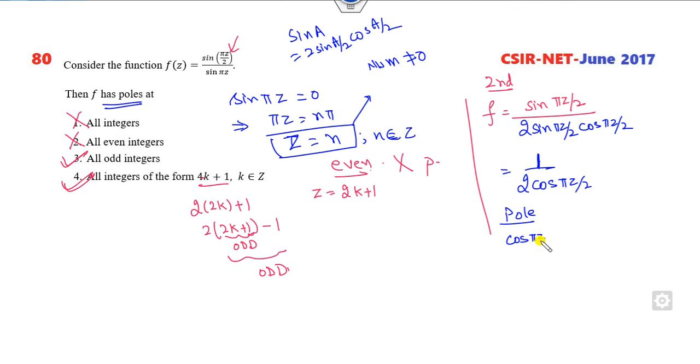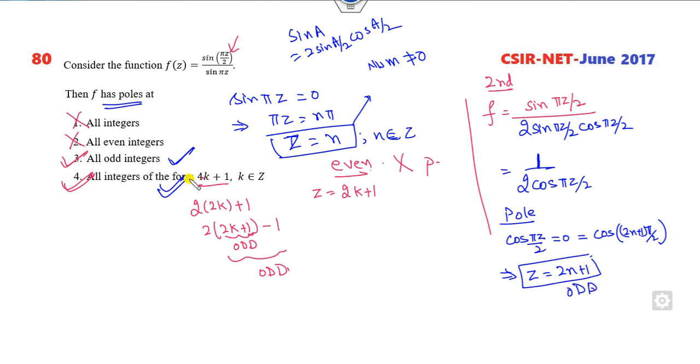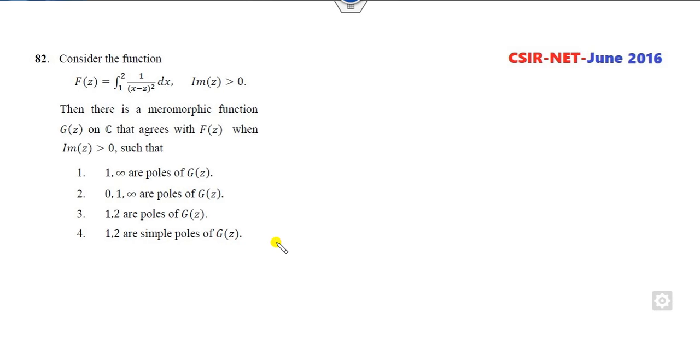Simply you can take pi z by 2 as 0. So when will it be 0? When z is 2n plus 1, pi by 2 will be cancelled out. So that's only the odd numbers. So odd is the right answer of this problem.